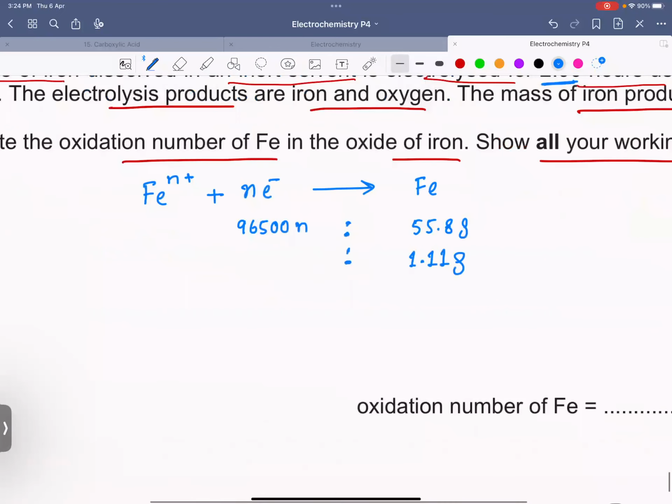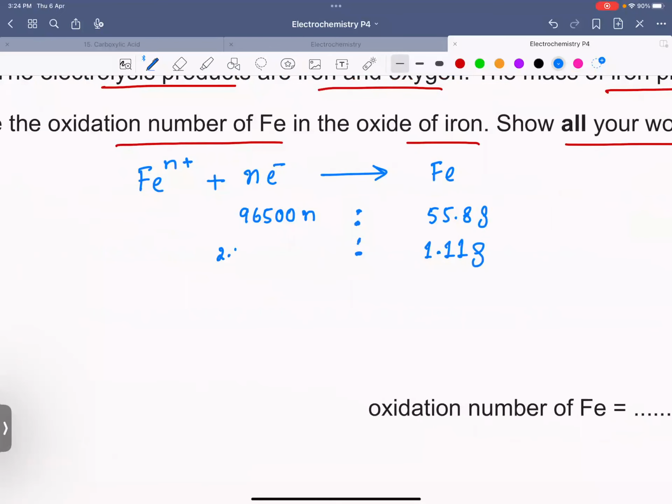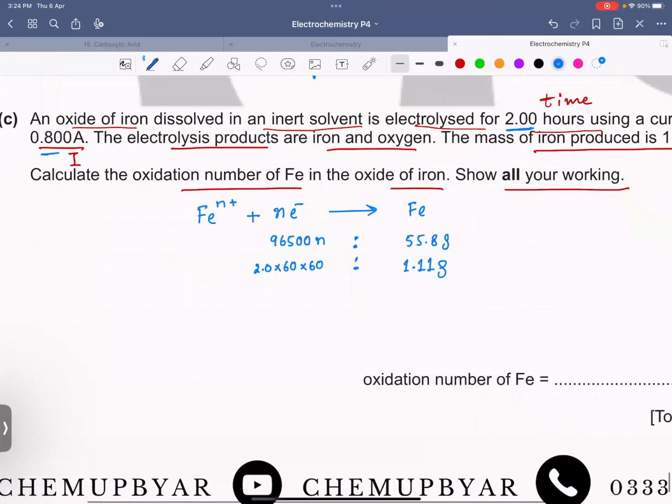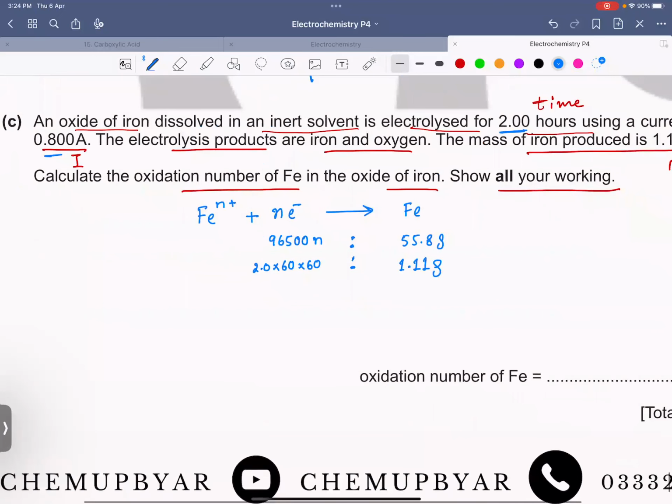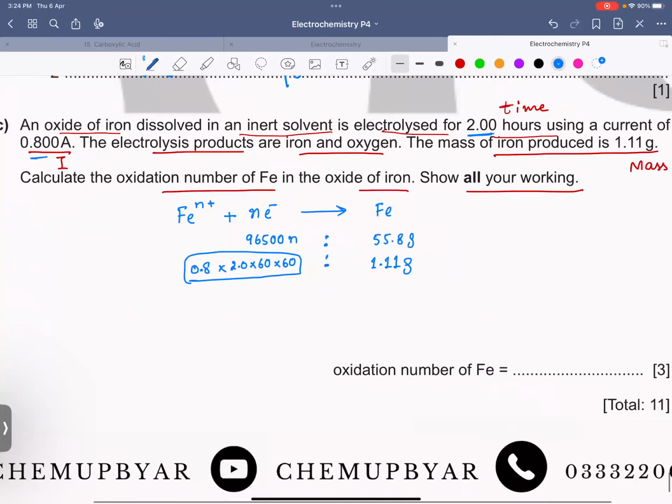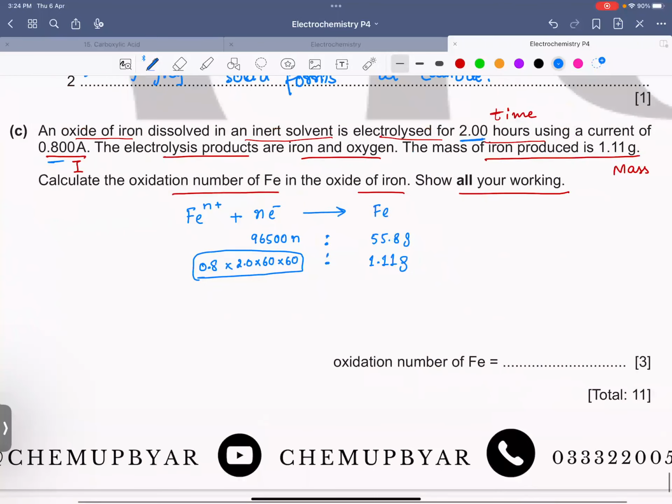So I can make the charge over here: 2 hours into 60 into 60 to convert it into seconds, times 0.8. So this is the coulomb charge that is provided during the experiment, and for that charge I am getting 1.11 gram of mass.